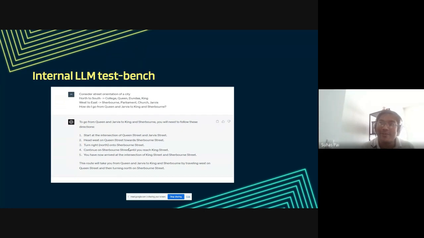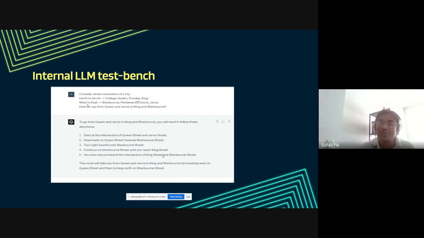So now I'm testing GPT-4 on whether it's actually memorizing, because from its memory, it knows that College, Queen, Dundas, King are streets in Toronto, and it knows which one is north of which. But I have changed it. So if I'm giving directions to go from place A to place B, is it going to pick it from its memory, or is it going to follow my directions and give the actual directions?